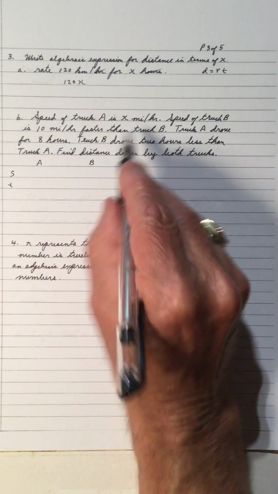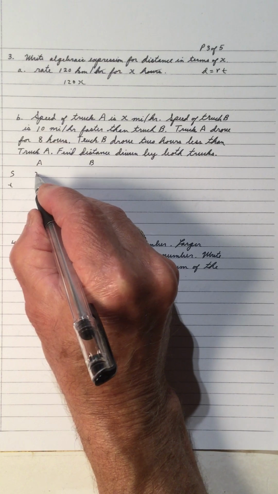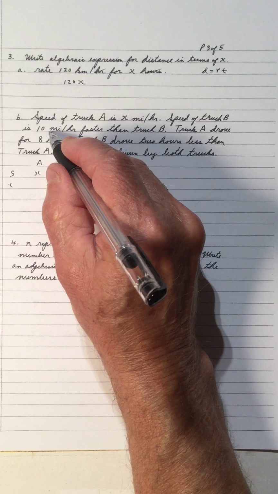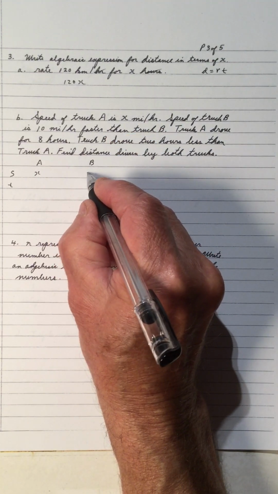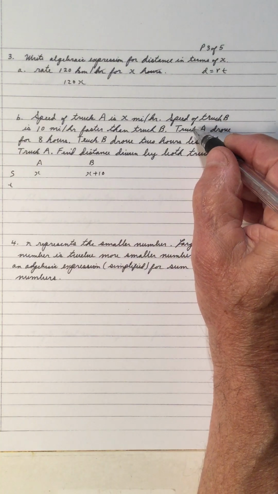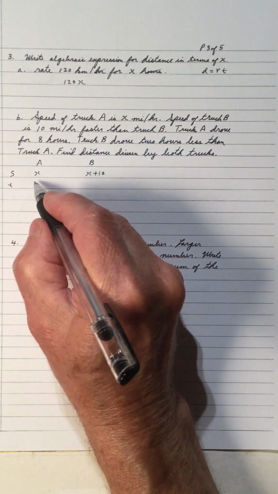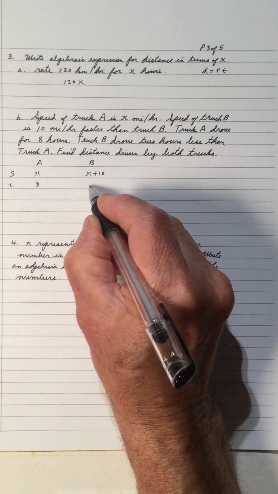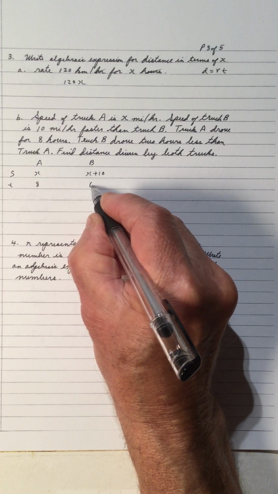So truck A is x miles per hour. Truck B is 10 faster, so that's x plus 10. Truck A drove for 8 hours, so the time for truck A is 8 hours. And truck B is 2 hours less than A, so 8 minus 2 is 6.